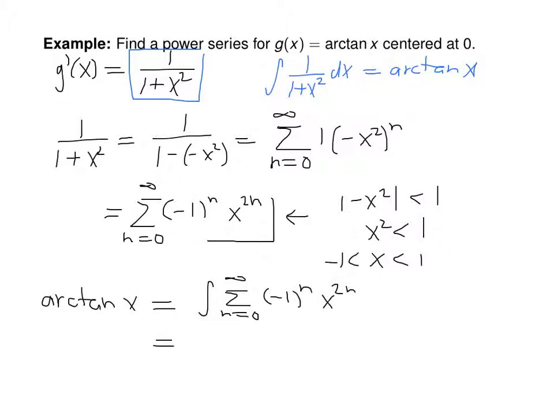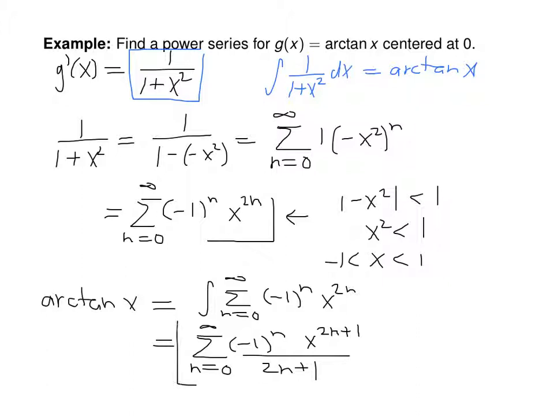And so that gives us the sum from n equals 0 to infinity negative 1 to the n, x to the 2n plus 1, all over 2n plus 1. So there is an expression for power series for arctan centered at 0.